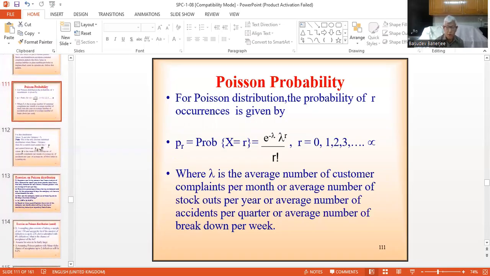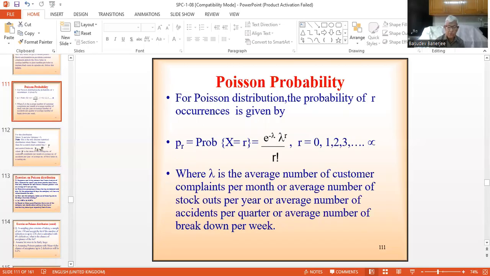Lambda is the average number of defects per 100, average number of complaints per month, average number of stockouts per quarter, or average number of accidents per year, or breakdowns per week. So you have to mention the period.